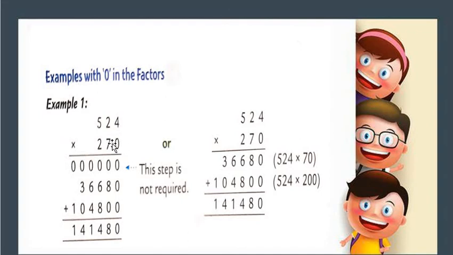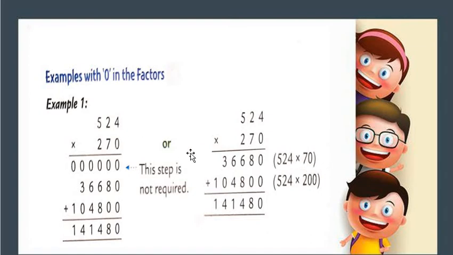How can we break up 270? First of all we break up ones, then tens, and then hundreds. So here the place of ones is 0. So 0. Okay, directly we have to move on to the 10s.